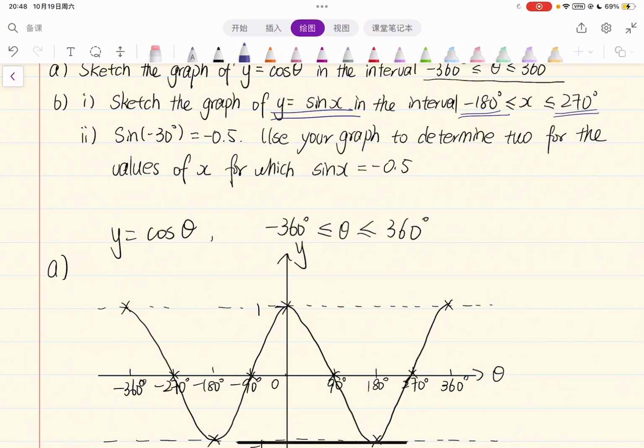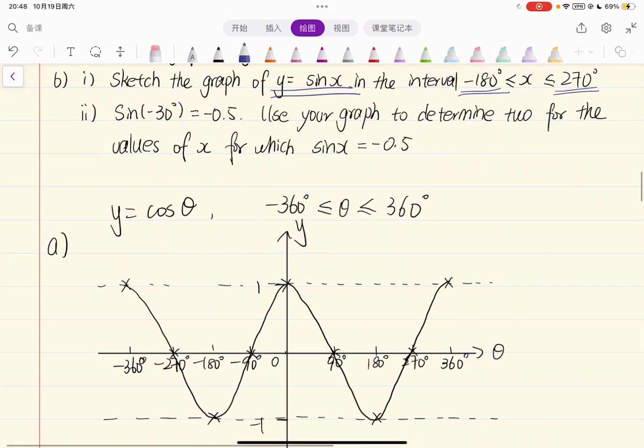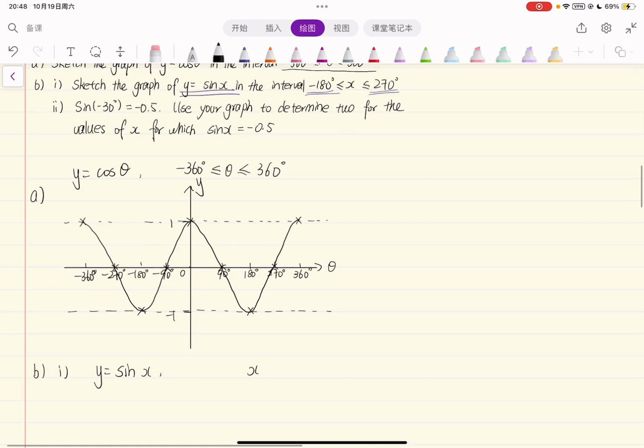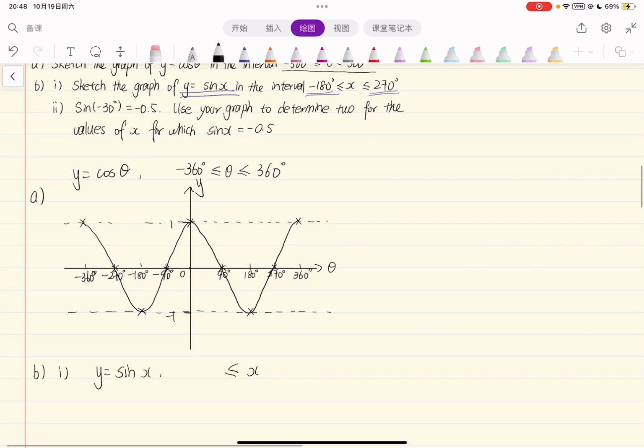That's part B, part 1. So let's do it. Part B, part 1 asks you to draw y equals sine x, where x is greater than or equal to minus 180 degrees, less than 270 degrees.